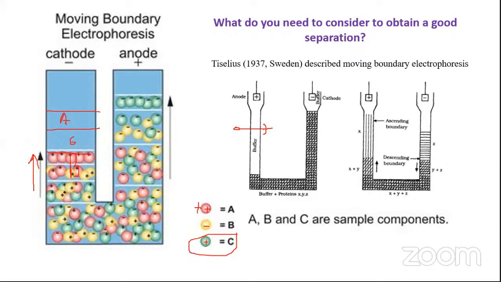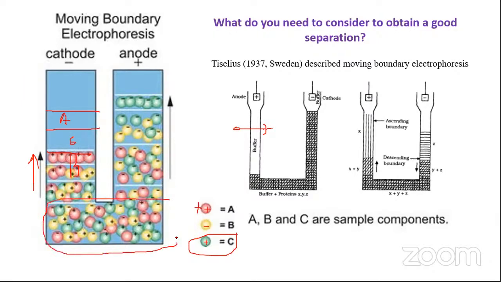Some molecules of A always need to travel from this side of the vessel to this side of the vessel. Same is true for B. Now, because C is somewhere in the middle of the two, it will always remain concentrated in this area.